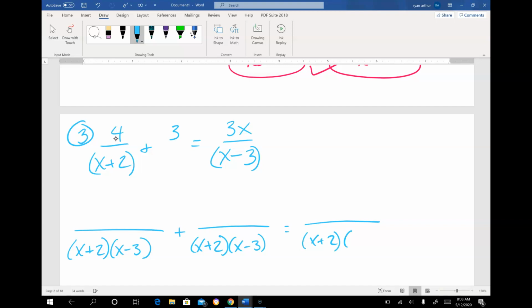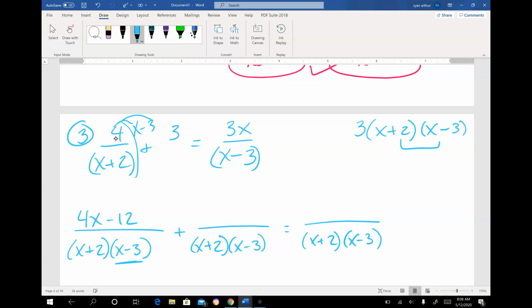And you've got to figure out which one's missing what. Well, this guy is missing the x minus 3, so we're going to multiply him by x minus 3. You're going to have to distribute that 4 and get 4x minus 12. This guy's missing everybody. I would box those 2 in and then distribute that 3.